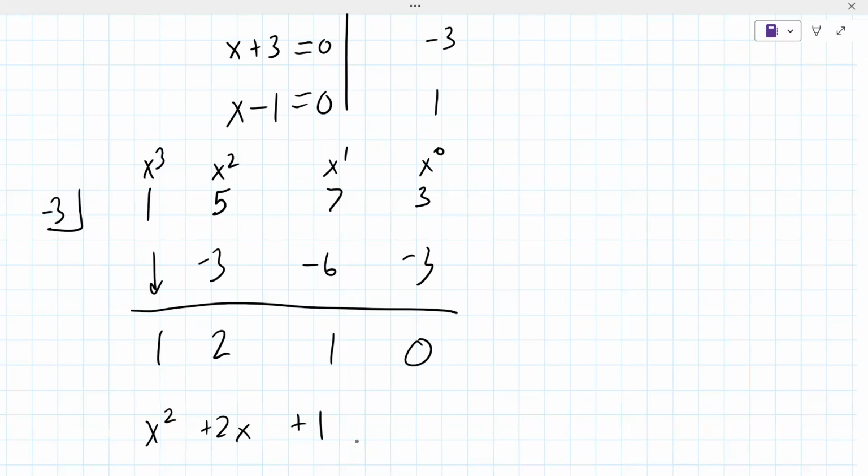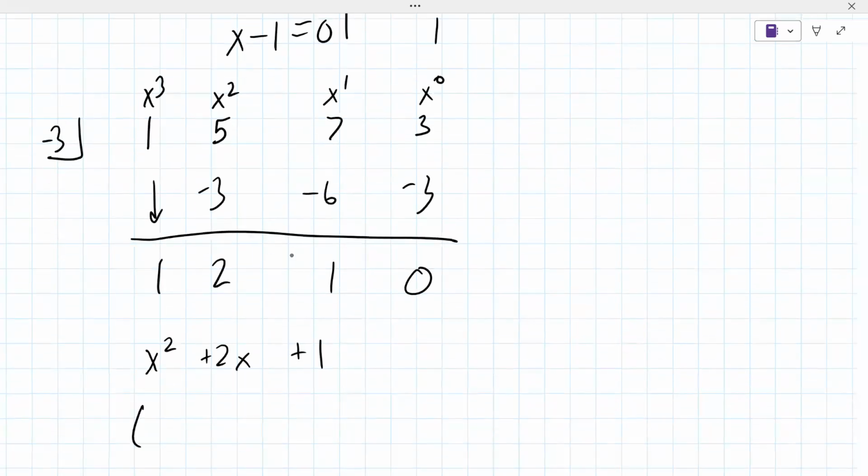What does this factor into? x plus 1 and x plus 1. Yes. Very good. Now the other factor from the beginning was x plus 3.